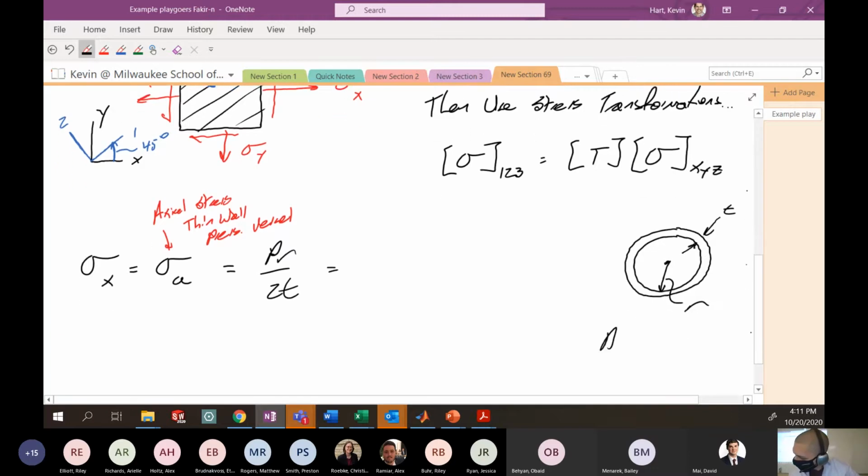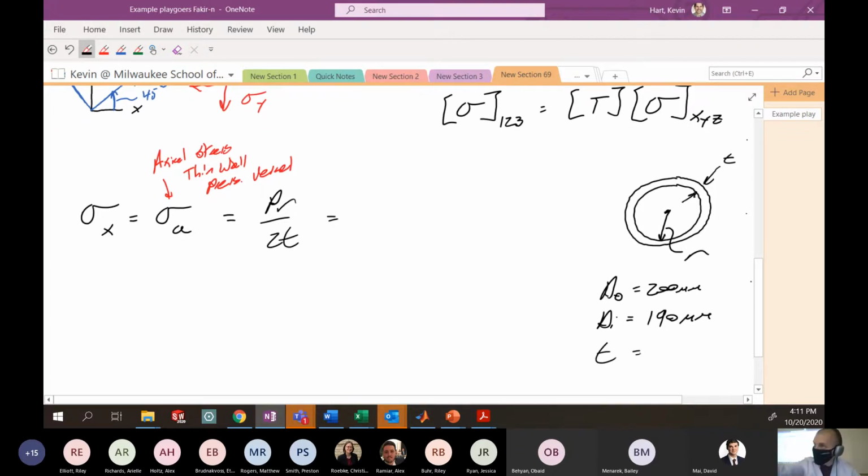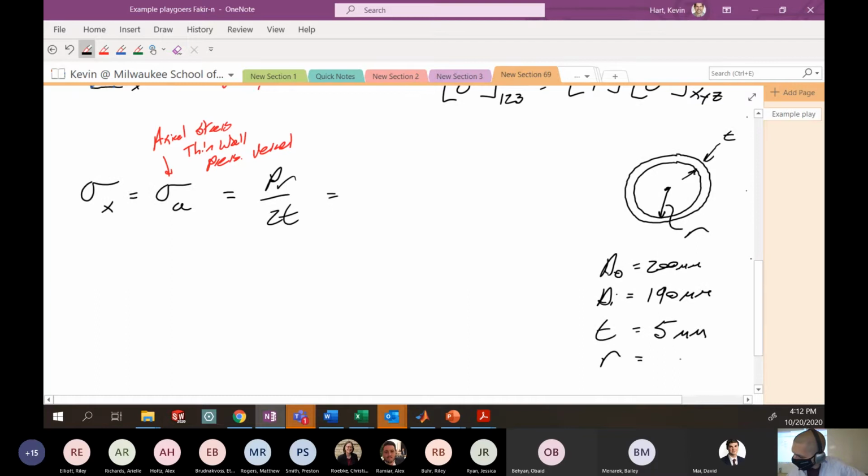Since the outer diameter is 200 millimeters and the inner diameter is 190 millimeters, that makes T 5 millimeters, excellent. How many of you thought it was 10? It is not 10. You have 2 T's. And that makes R half of the inner diameter, which is 95 millimeters.